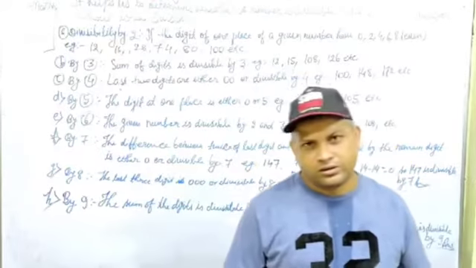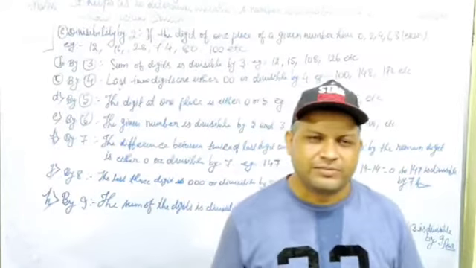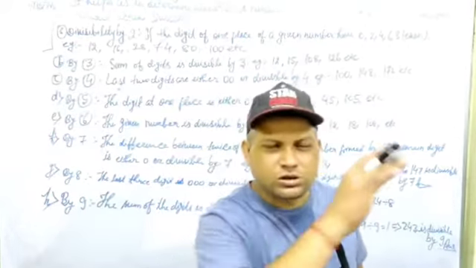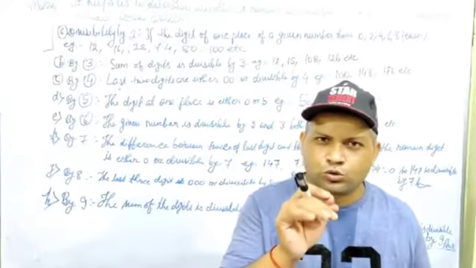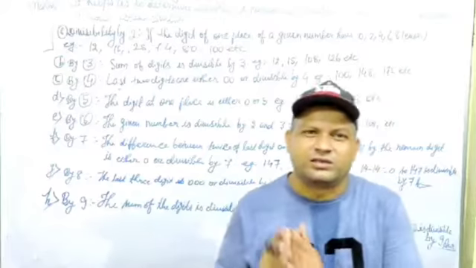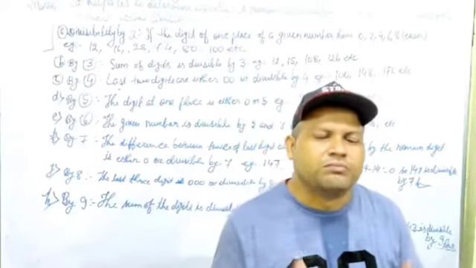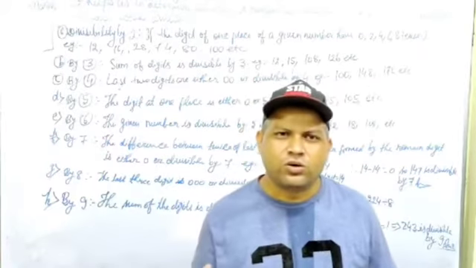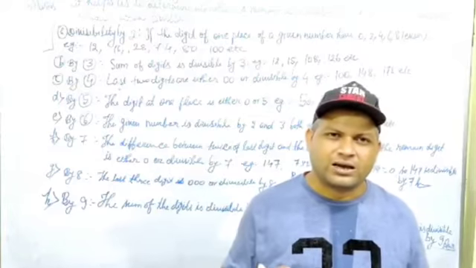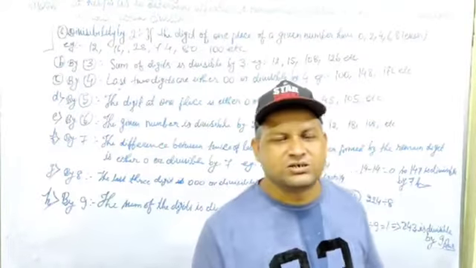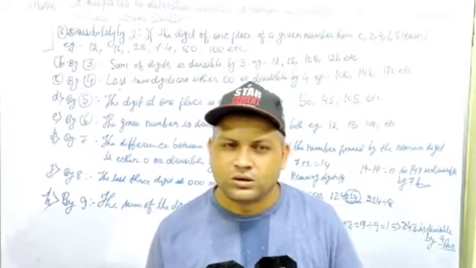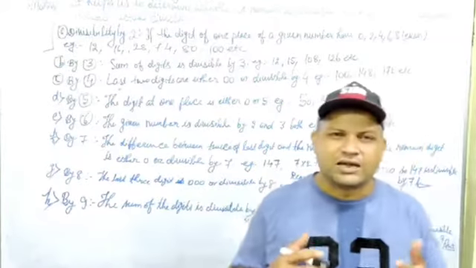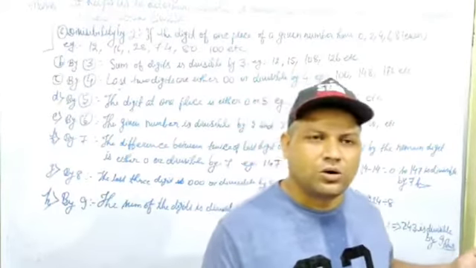For example, can you tell me whether 100 is divisible by 6 or not without division? Can you tell me whether 1000 is divisible by 5 or not without division? Can you tell me whether 1,02,206 is divisible by 6 or not? Let us come to know whether a number is divisible by another number or not.